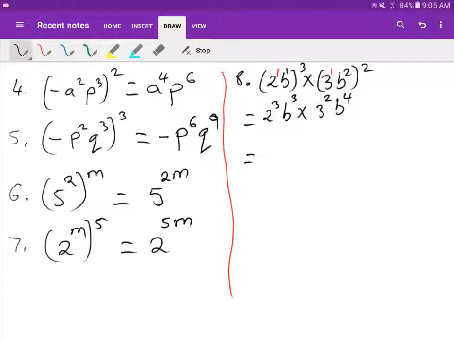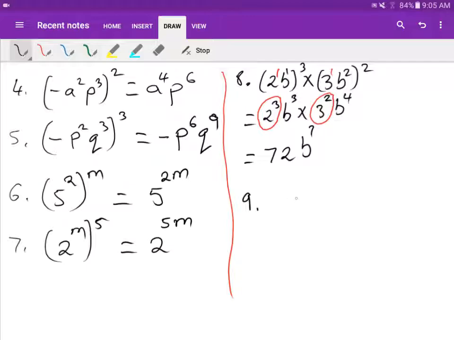So what you need to do is just use a calculator. You go 2 power 3 times 3 squared. If you're good with your multiplication skills, you should know that 2 power 3 is 8, 3 squared is 9, 8 times 9 is 72. So your answer is 72. b power 3 times b power 4 is 3 plus 4 is 7, so b power 7.